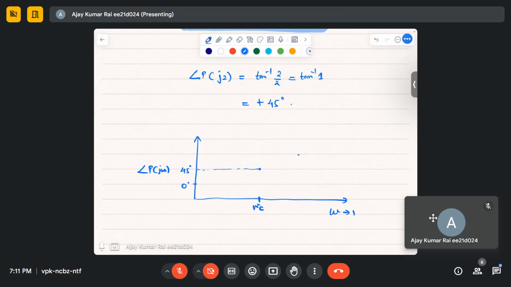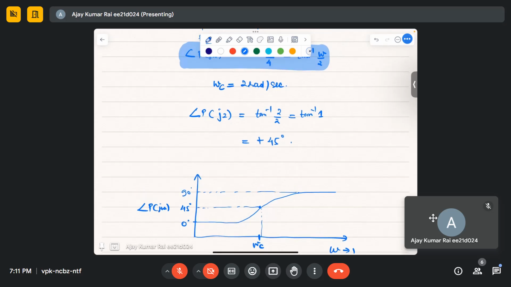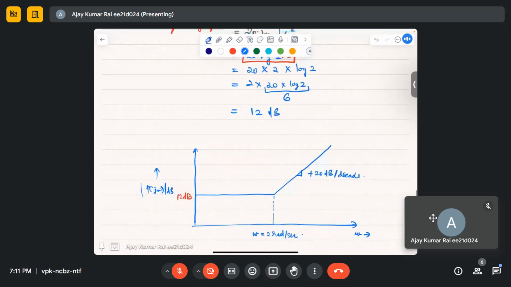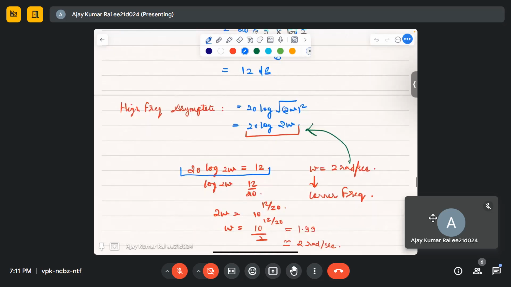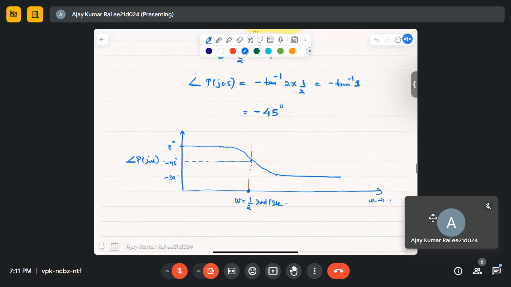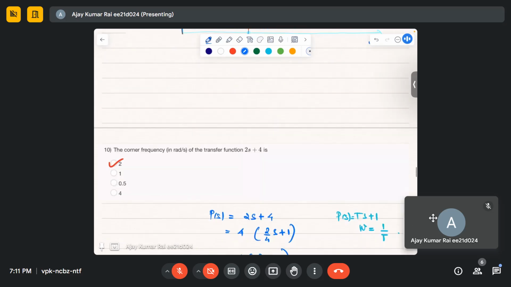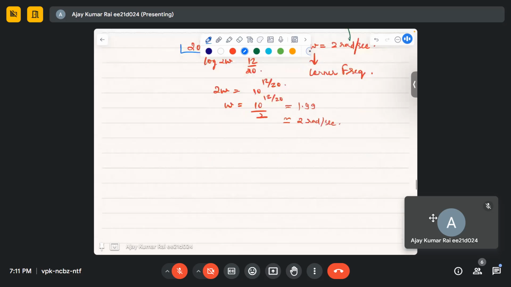So this is how the phase plot will look for this transfer function, which is opposite to what we have drawn previously. Initially the phase is 0 degree and it was shifting to minus 90 degree there. Here it goes from 0 degree to plus 90 degree.